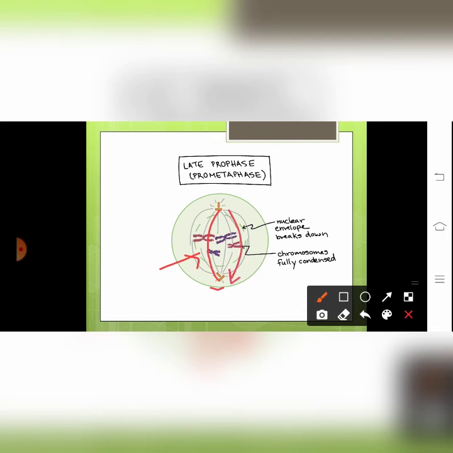So these bigger fibers are called spindle fibers. Clear? These are actually responsible for mitosis. And the smaller fibers around the centriole are called aster rays. Clear?